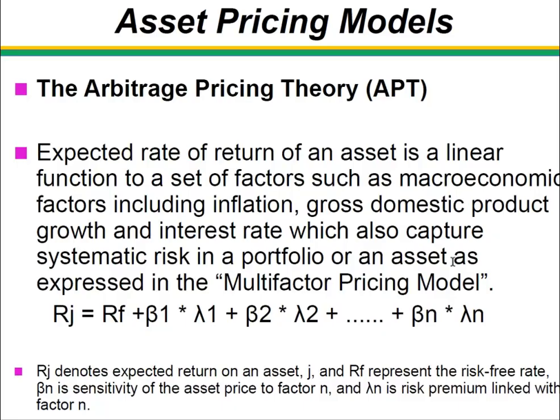The predicted advantage is that APT can provide more accurate risk and return estimates by explicitly modeling the multiple sources of systematic risk that affect asset prices. However, this comes at the cost of increased complexity. We need to identify the relevant factors and estimate the sensitivity to each factor.